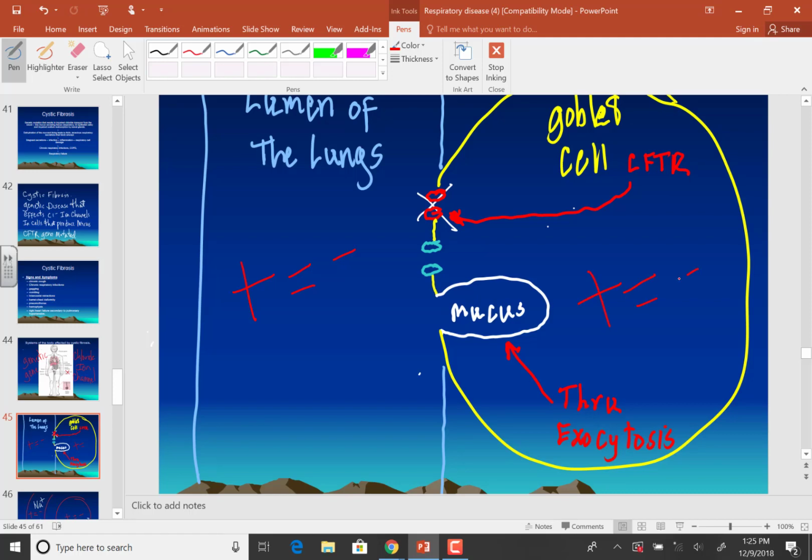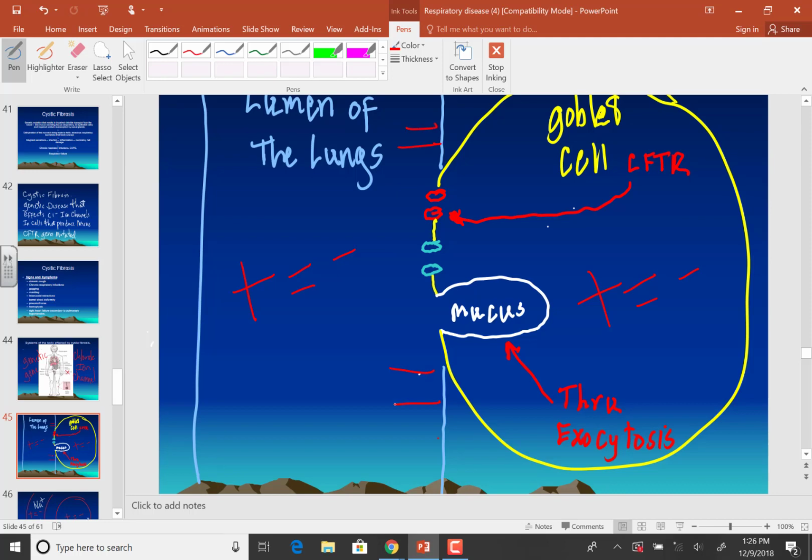So in normal physiology, this is how it works. We're looking at a goblet cell here, and then we're looking at two ion channels, a chloride ion channel and a sodium ion channel. So when a goblet cell secretes mucus through the process of exocytosis, it enters the lumen of the respiratory tract, and it's going to have cilia on it.